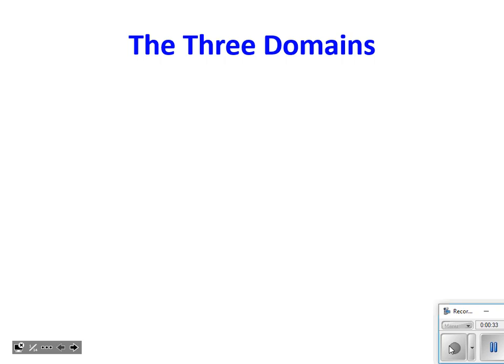We're not only going to do the domains today, we're going to cover a little bit about kingdoms also. All right? So we're going to talk about the three domains, and then we'll talk about kingdoms. And then we'll finish up the discussion on kingdoms tomorrow.